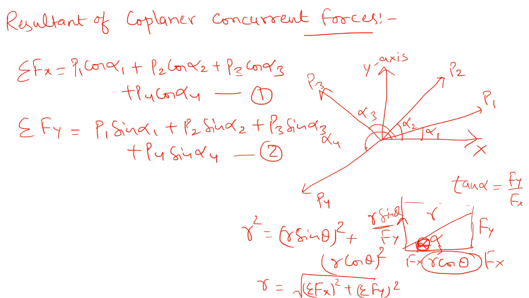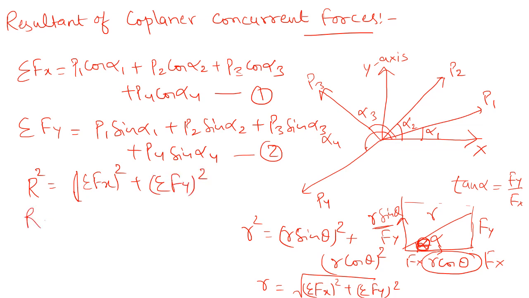Okay, so now here you see that you can find this R square equal to sigma Fx square plus sigma Fy square.